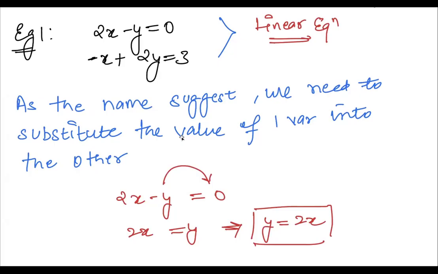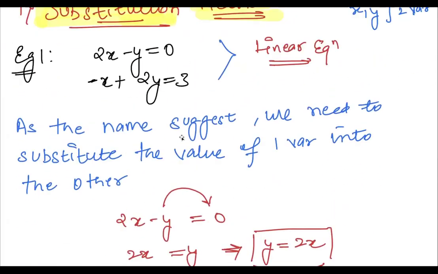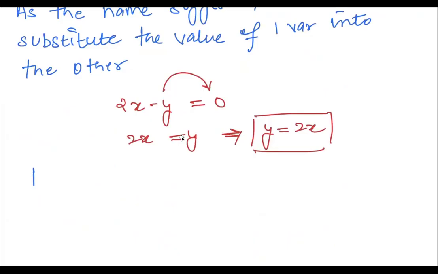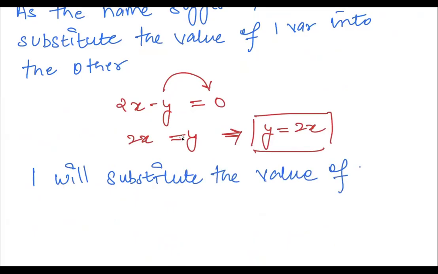Now I'll substitute the value of y in the second equation. This is the first equation and this is the second equation. So I will substitute y is equal to 2x in the second equation.